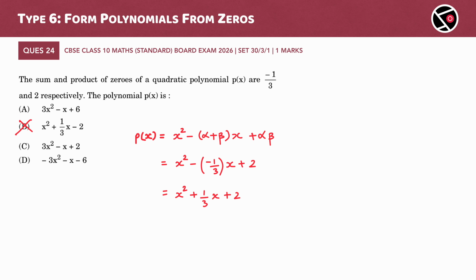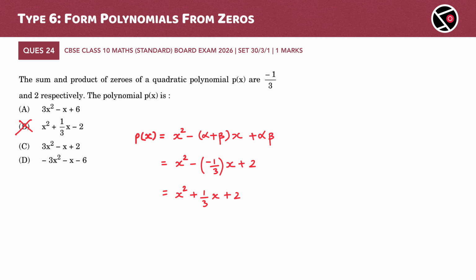It's time we go back to the point that I raised earlier. The polynomial here is just one of the polynomials with zeros alpha and beta. To find others, we simply multiply this polynomial by a non-zero constant.